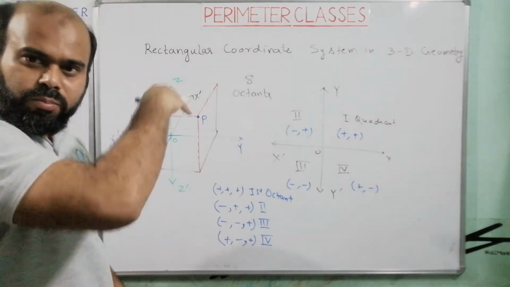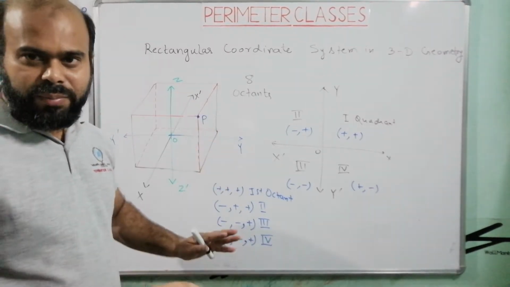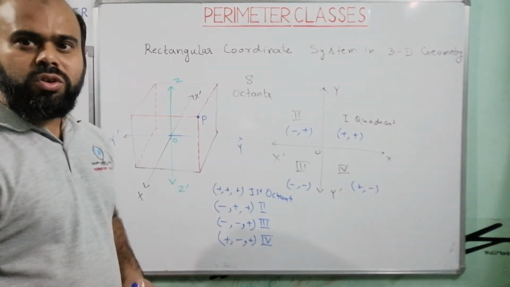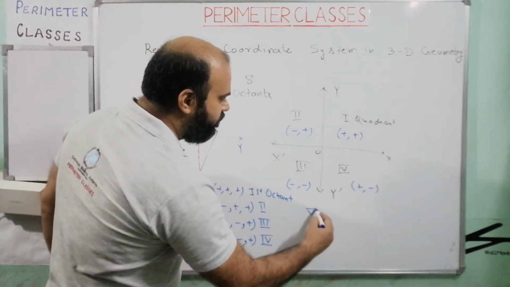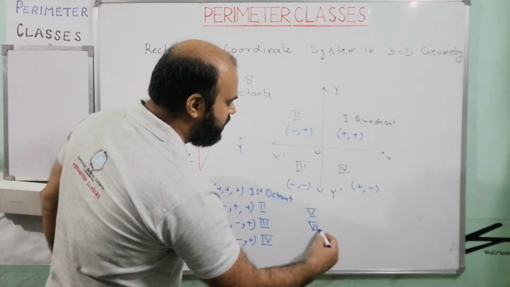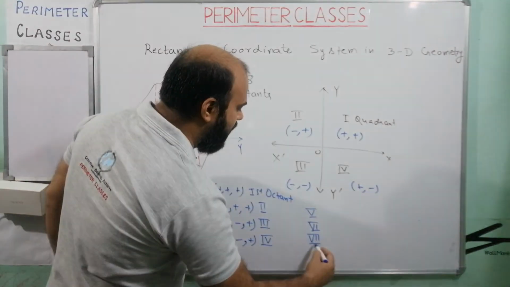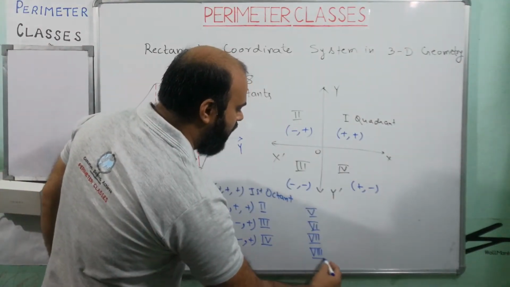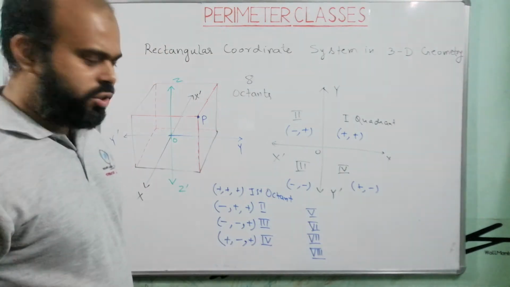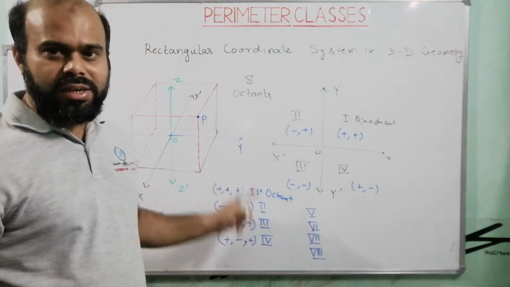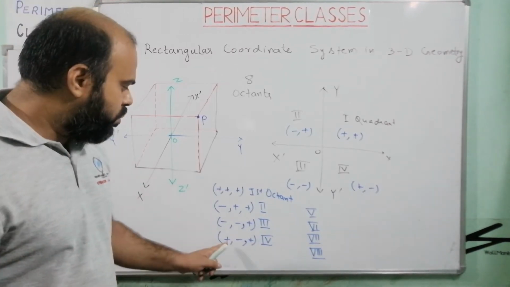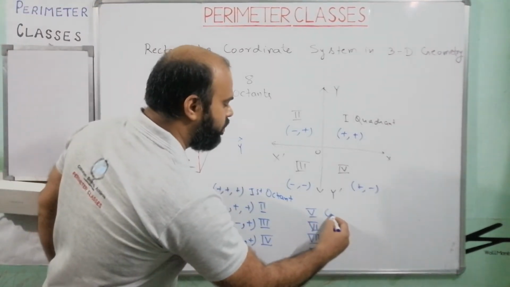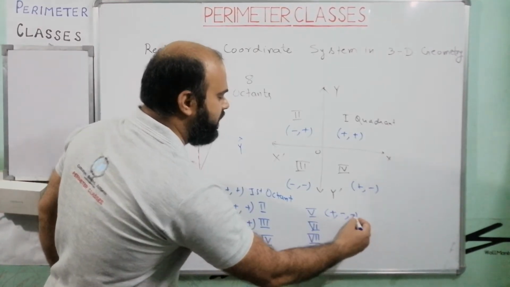Now we come below the xy plane, where we will come to the negative z-axis. So we take the 5th octant, 6th octant, 7th octant and 8th octant, and we don't have to do much. We just repeat this pattern by putting z coordinate as negative. So plus minus plus will become plus minus minus.